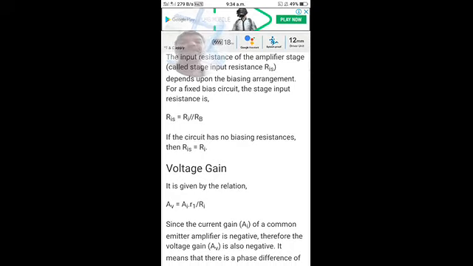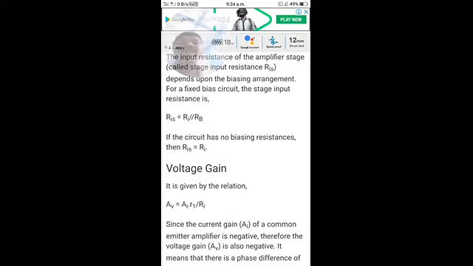The input resistance of the amplifier stage considering the source resistance, the total input resistance, is the input resistance of the amplifier with the biasing circuit, where Rb is the resistance of the biasing circuit.